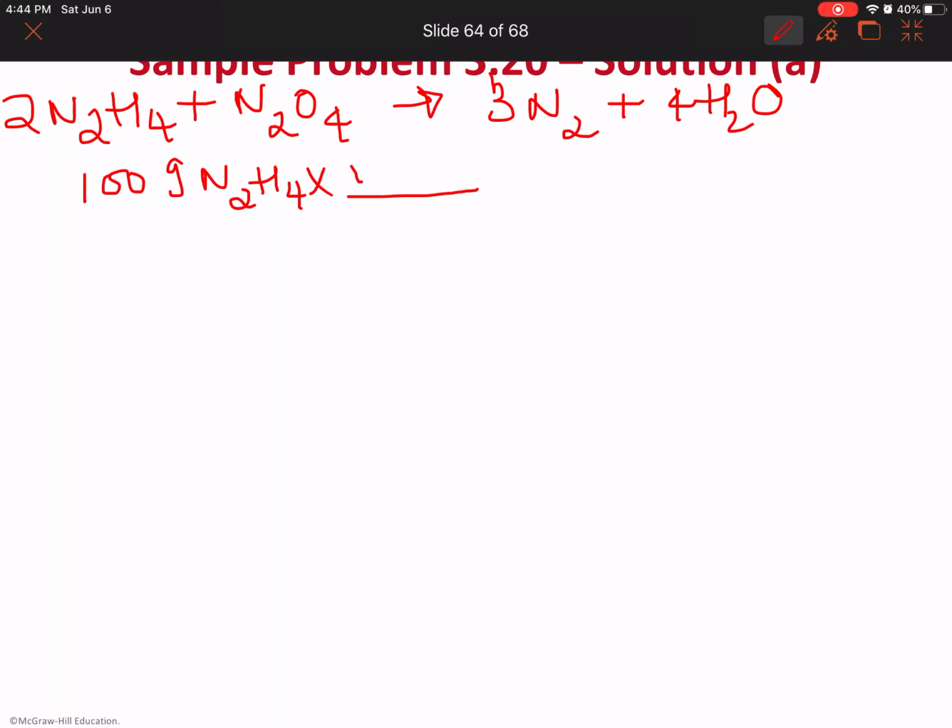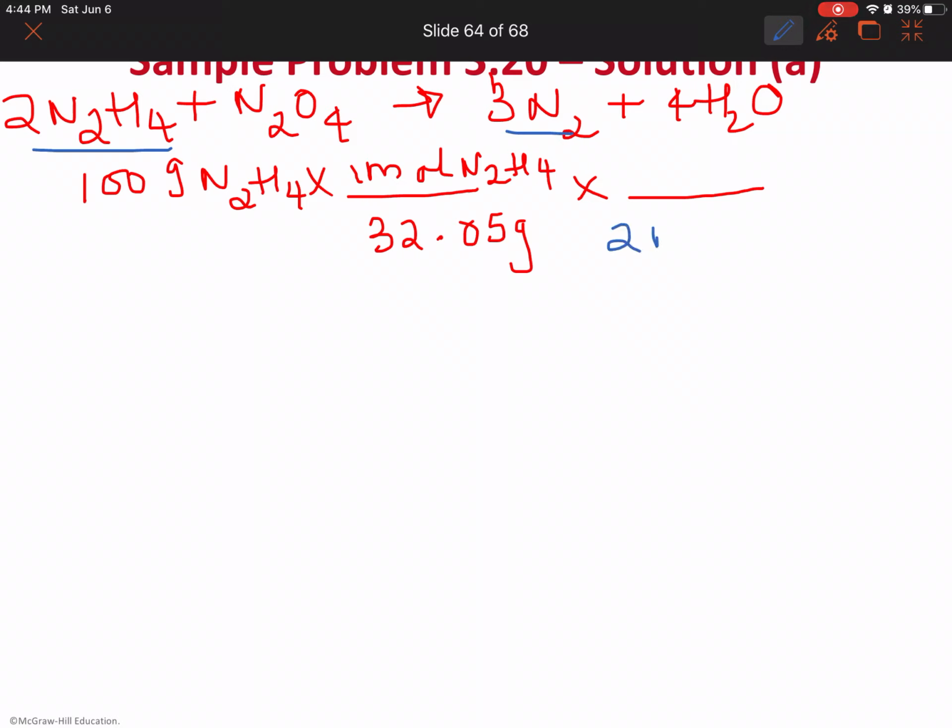So you use 1 mole N2H4 is the molar mass of N2H4, which is 32.05 grams. Now we convert grams to moles, and then you use the molar ratio between N2H4 and nitrogen, that is 2 to 3, right?